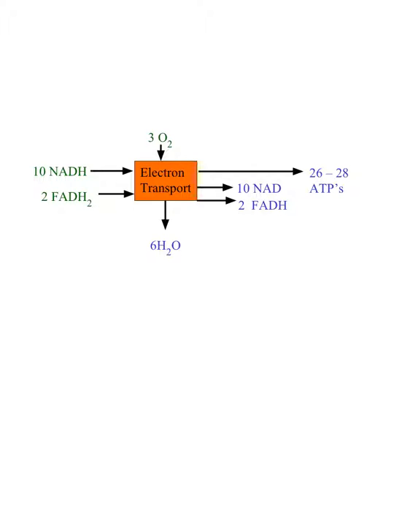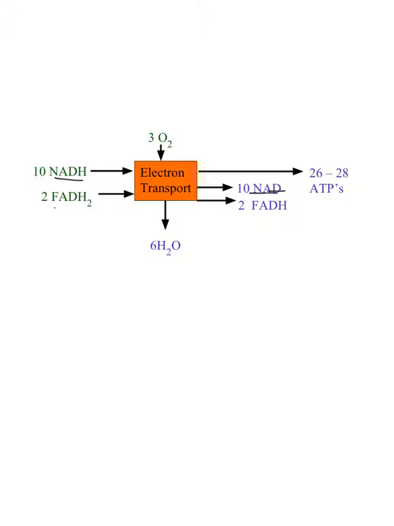So the quickest summary we can give you here: we're going to feed in our 10 NADHs. We're going to strip off the hydrogen and use their attendant electrons to help convert ADP into ATP, and we're going to end up with NAD.